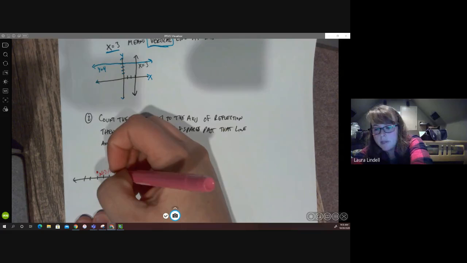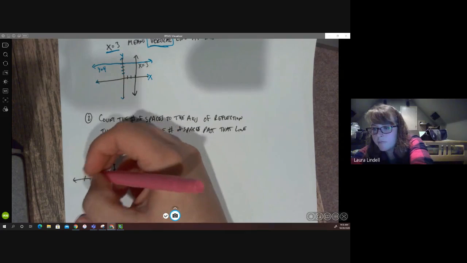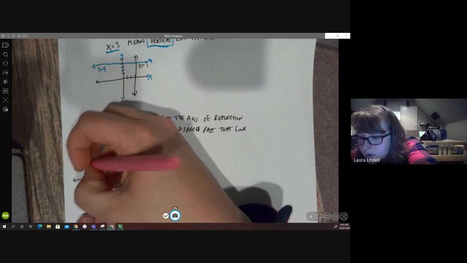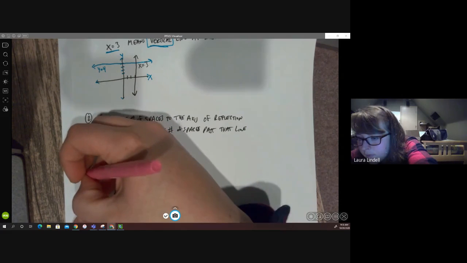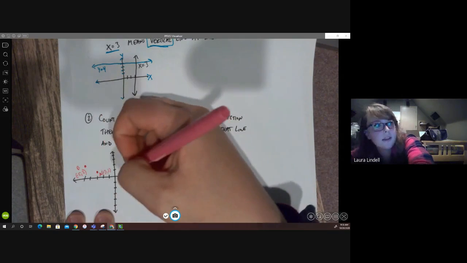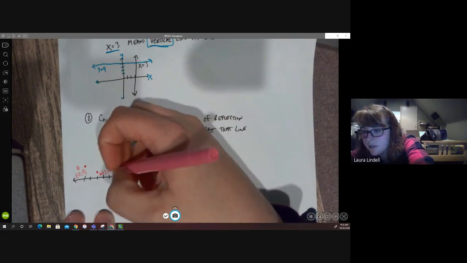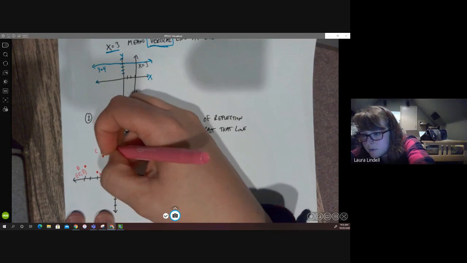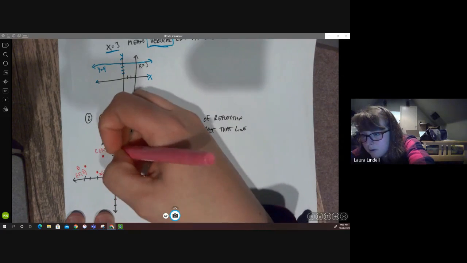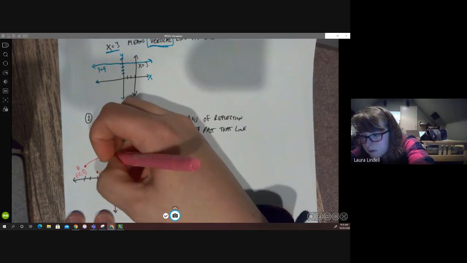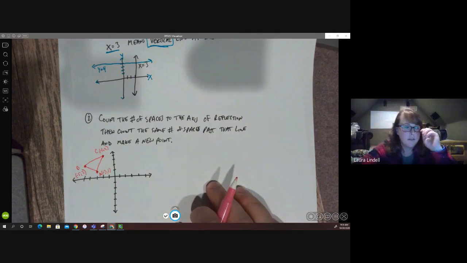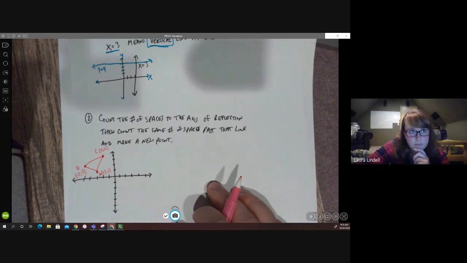Point B is going to be -5, 2. And C is going to be -2, 4.